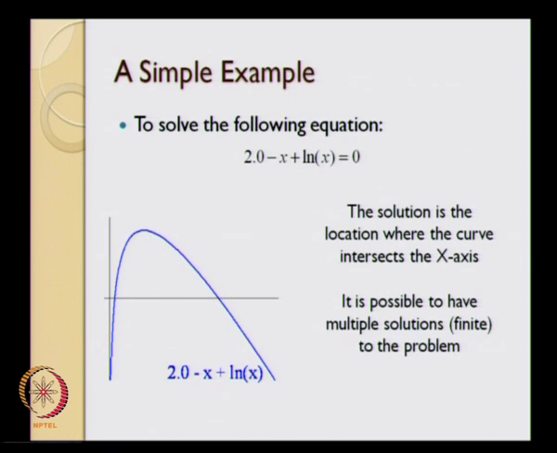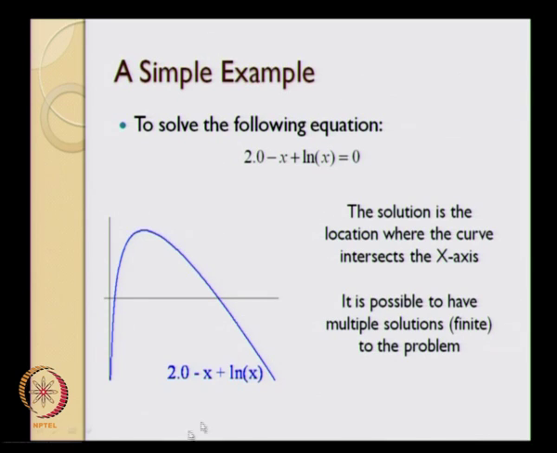When the rank was not equal to n, we could possibly get an infinite number of solutions, but we never got a multiple finite number of solutions to the problem. However, in disagreement with that observation, what we see in nonlinear systems is that they can have multiple solutions, and the example is right in front of you.